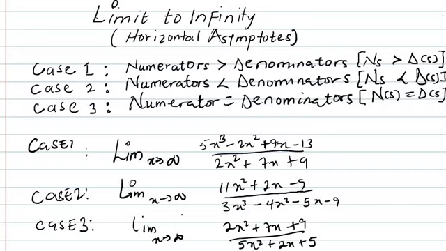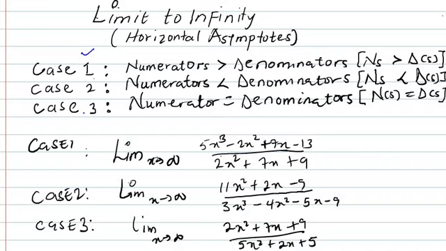So these are the three cases: case 1, case 2, case 3 respectively. If the limit is given as x goes to infinity, what you need to do is just focus on the numerator and the denominator of the function at the same time.